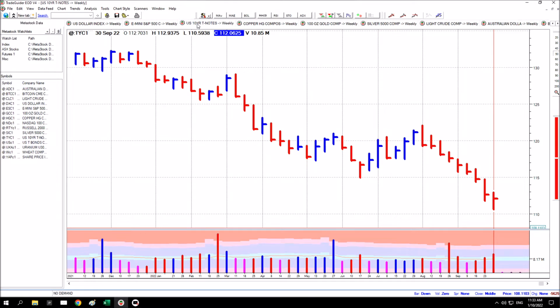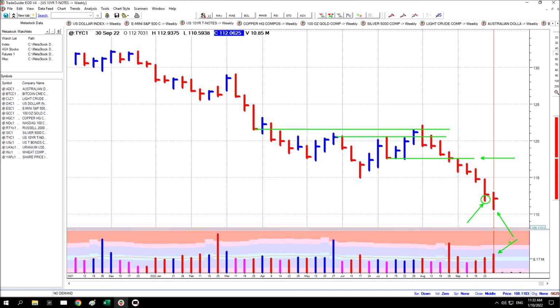Next chart is the US Treasury 10-year note futures. Price broke down from its highs quite a few weeks ago now, broke below this little shelf here that had formed previously. Last week saw price accelerate lower with an increased spread, but there was a little close off the weekly lows, and this week has seen support come in, mostly due to the weakness in the US dollar index, I expect.